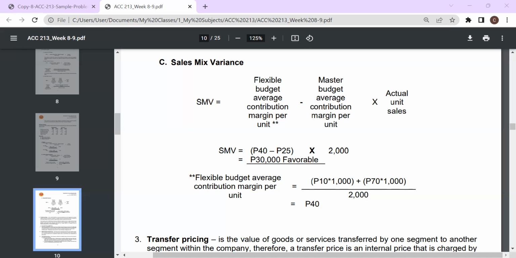And then Zoom will have 0. So overall, yung sales price variance natin ay 2,400 na unfavorable. So yan. Okay. So this is your total sales price variance.